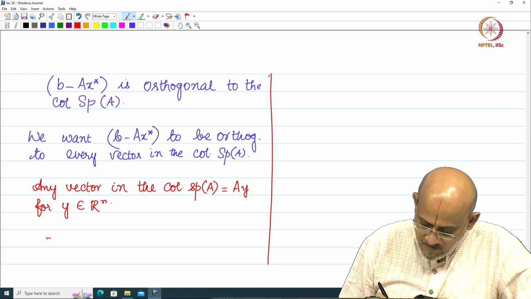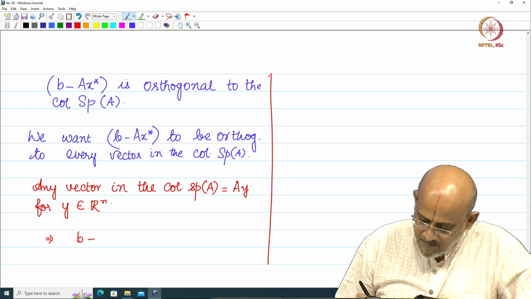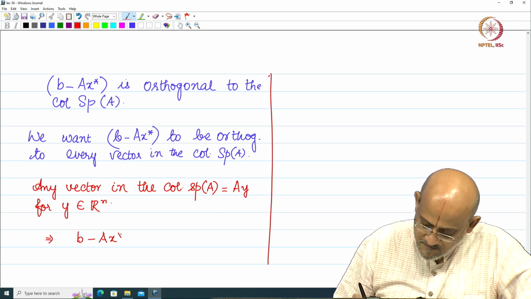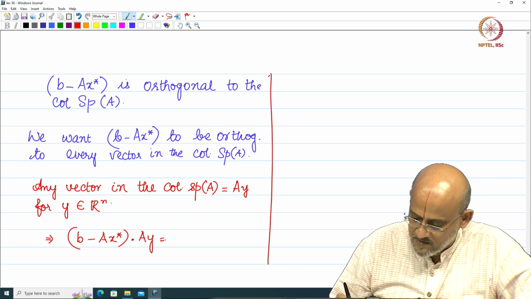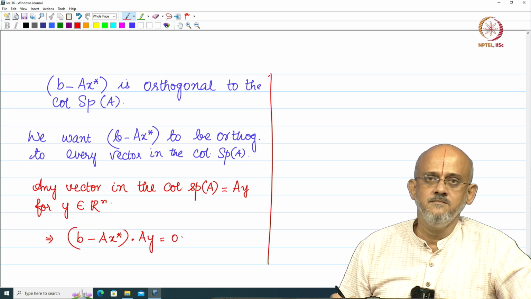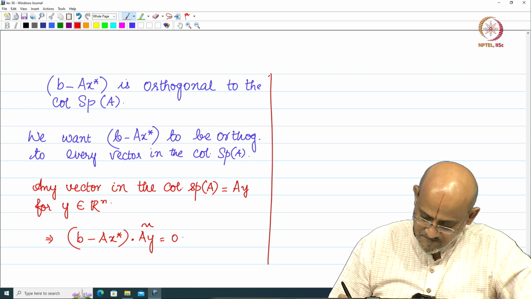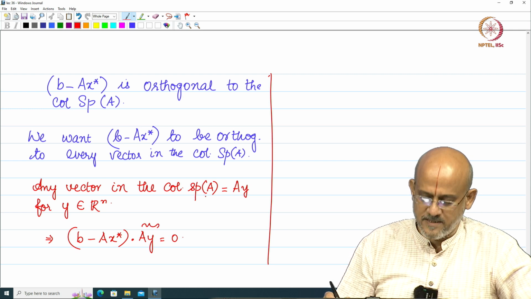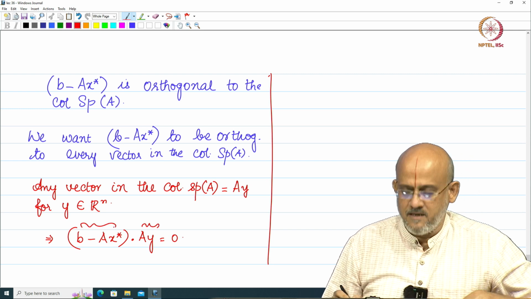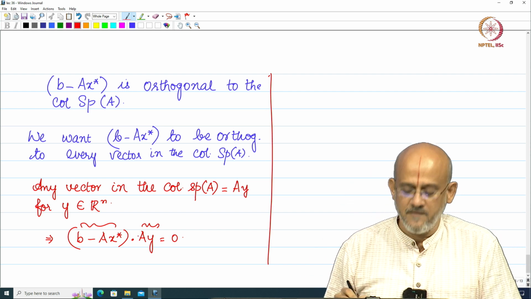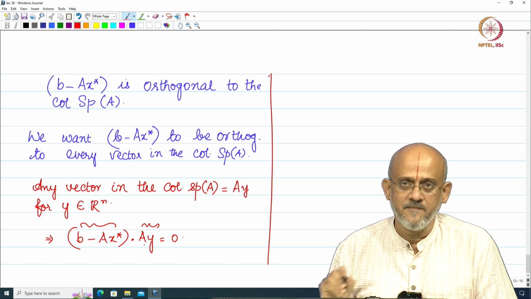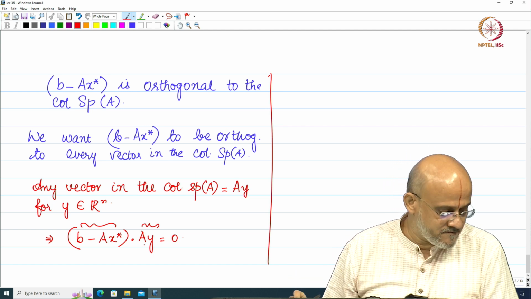Therefore, we want B minus AX star dot AY to be equal to 0, right. This is the set of vectors in the column space of A, and this is the orthogonal projection of the B vector onto the column space of A, and therefore it will be orthogonal to every vector in the column space of A. That is fine now, right.